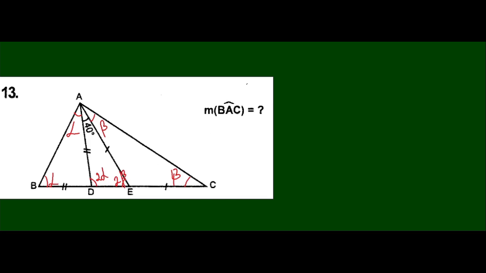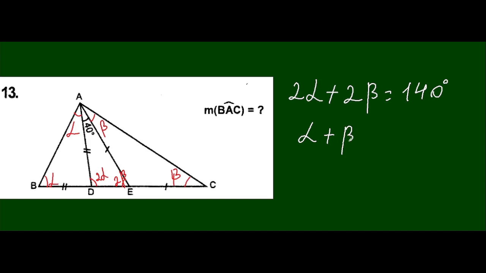From the triangle ADE, 40 degrees plus 2 alpha plus 2 beta will equal 180. So 2 alpha plus 2 beta will equal 140 degrees. This is the next equation, and from here we can find alpha plus beta. This will be equal to 70. You can divide it by 2.